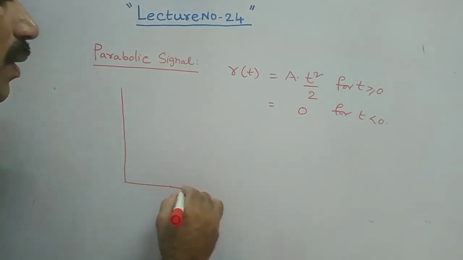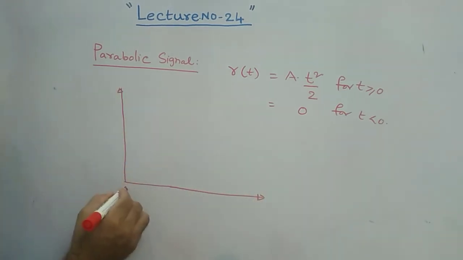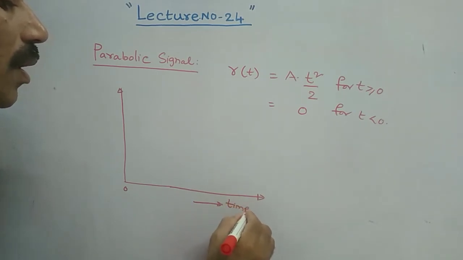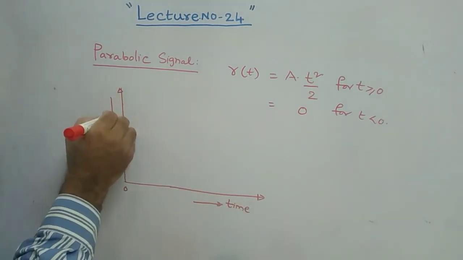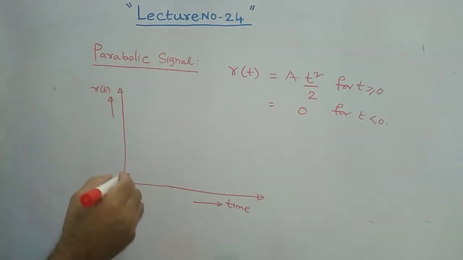Graphically, this can be represented like this. We represent 0, and this is the time axis, and this is r of t, and normally it goes like this.